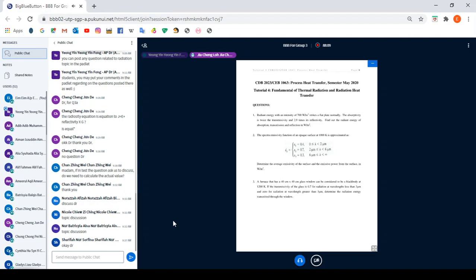Doctor, for the internal forced convection in tubes, for the TS, the entry length for laminar is 0.05 Reynolds number times Prandtl number times the diameter, right? Internal forced convection.